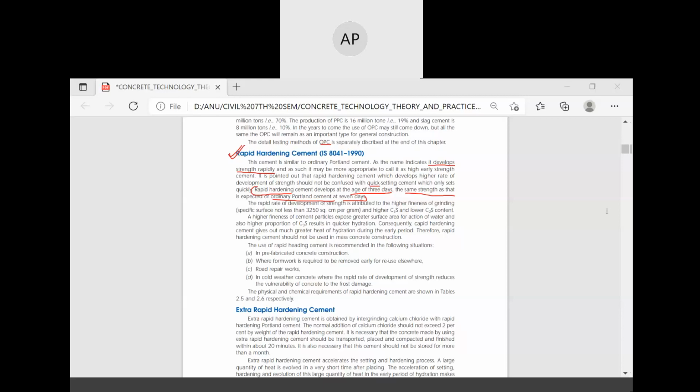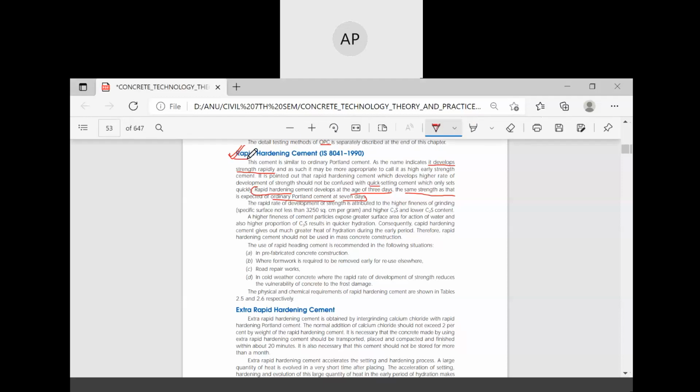Have you understood? So faster strength development occurs when we use rapid hardening cement. The rapid rate of development of strength is attributed to higher fineness of binding material, because it has higher C3S and lower C2S content.